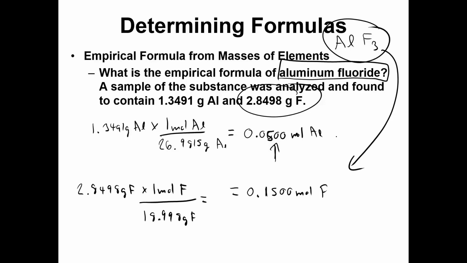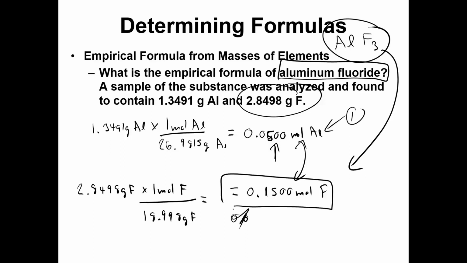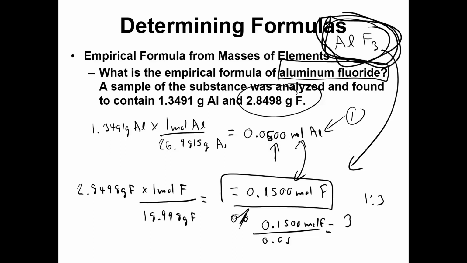Okay, so this works out really neatly. What you want to do is take the larger mole value and divide it by the smaller. So you take 0.1500 moles of fluorine divided by 0.05, which of course is going to be 3. So this is in a 1 to 3 ratio, which confirms what we had already. Aluminum fluoride is AlF3.